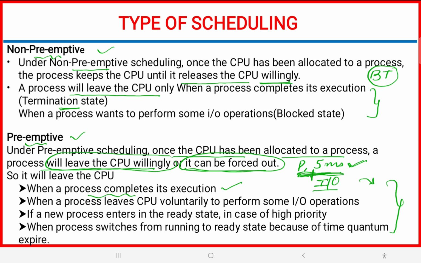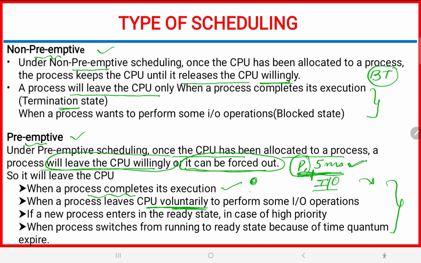That is, it is doing it voluntarily. So that is another possibility when the process is leaving the control, but here the leaving of control is on a voluntary basis.